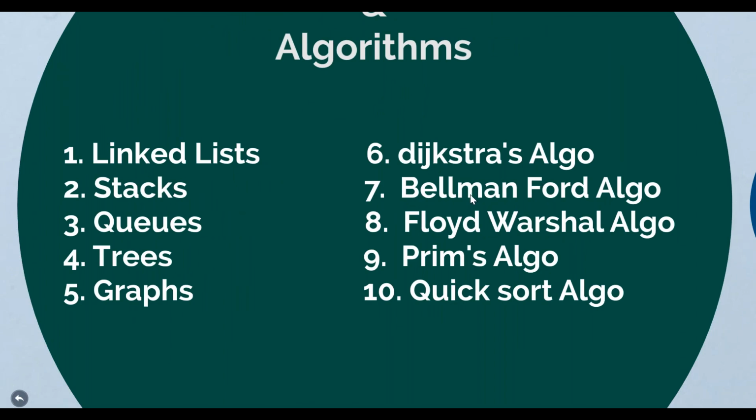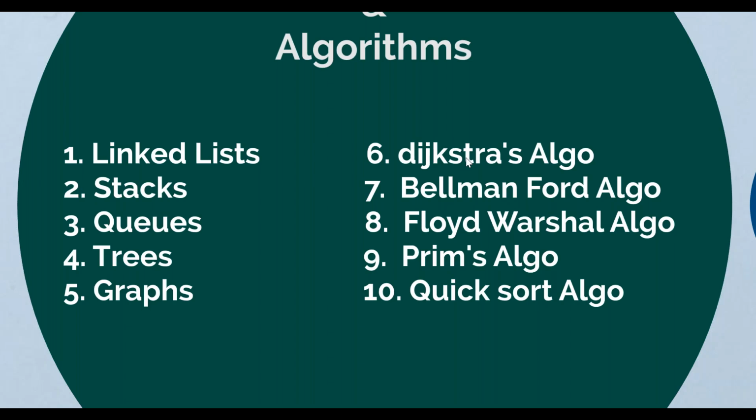Explain what is the Bellman-Ford algorithm, Floyd-Warshall's algorithm, Prim's algorithm, quicksort, bubble sort, whatever sort it is, radix sort. So these are all the algorithms, guys. Believe me, all these seem fancy. These seem to be big names, but all these are less than 10 lines of code, guys, provided you are writing better code.